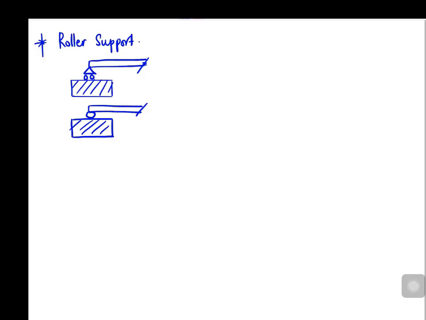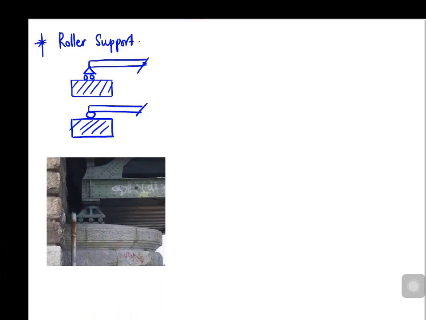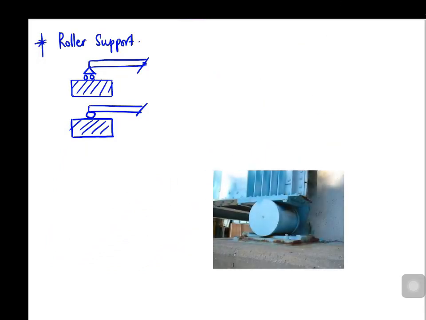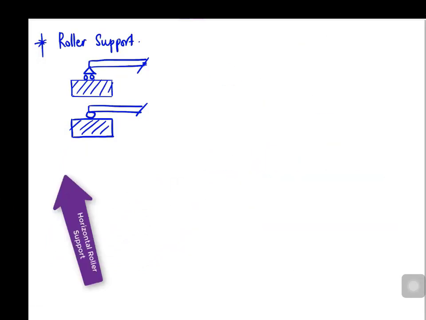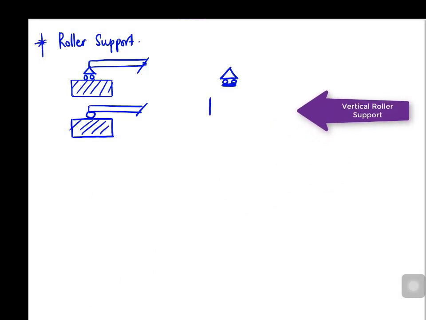See the photos of the real structures. Let's check out the horizontal roller support, vertical roller support, and inclined roller support.